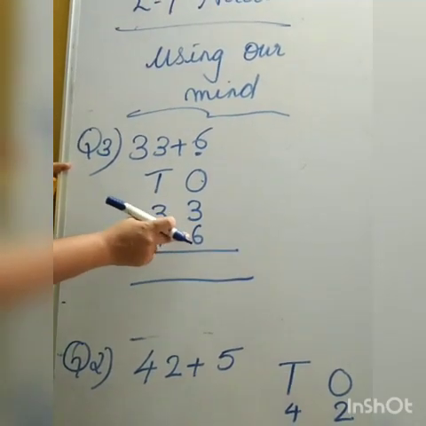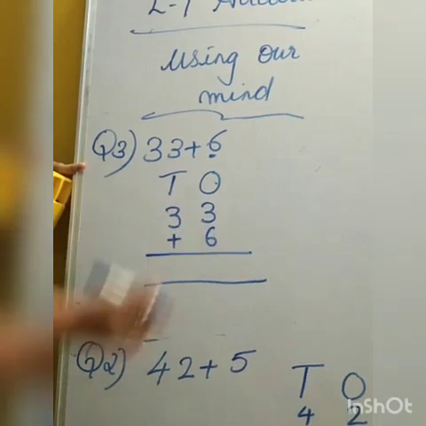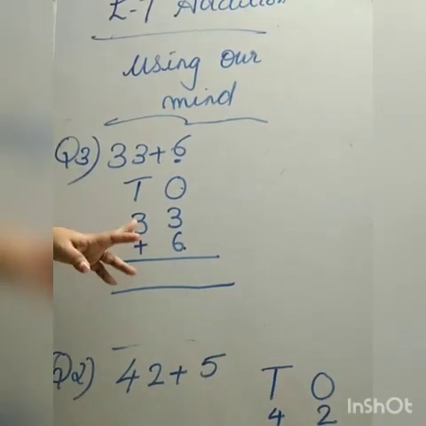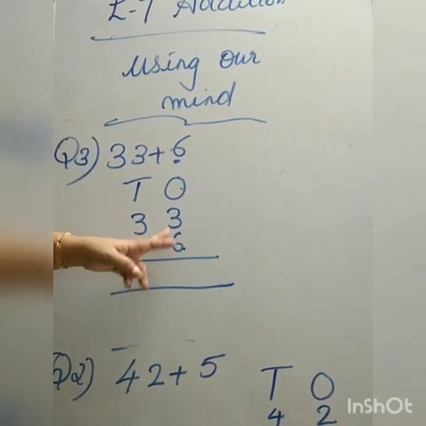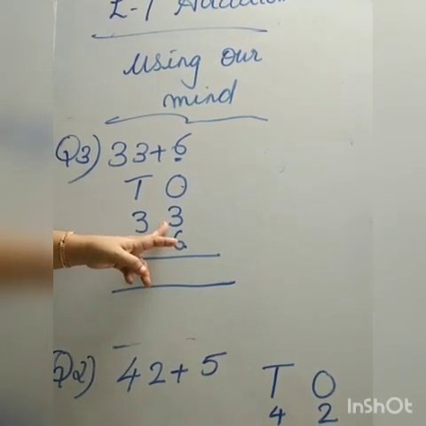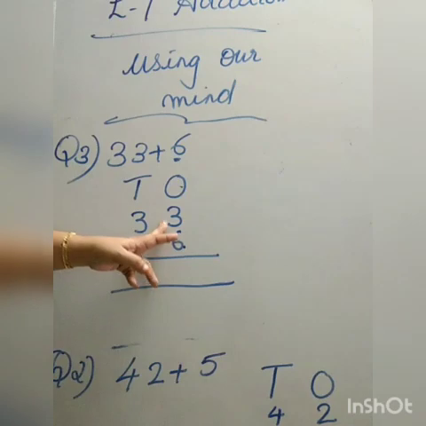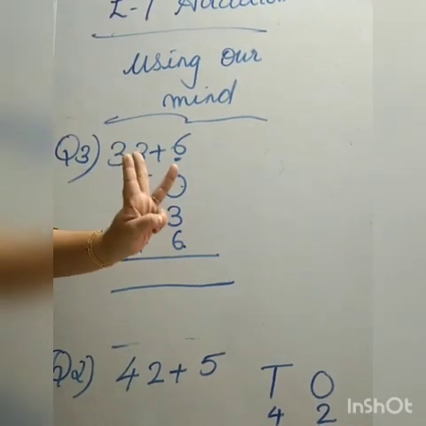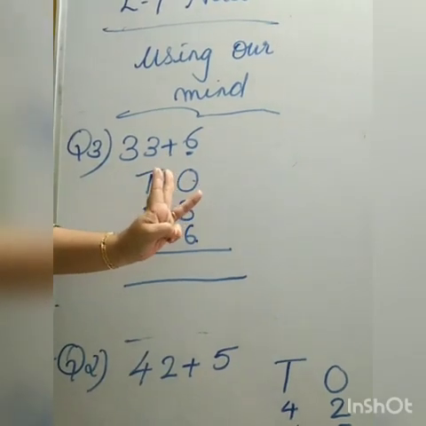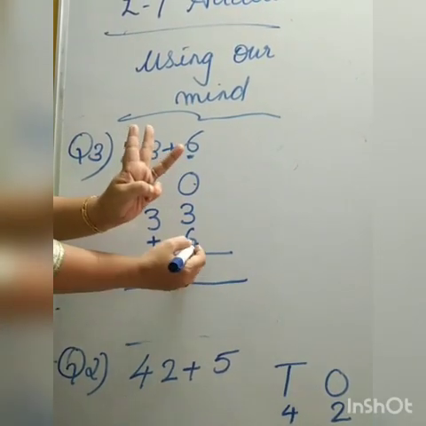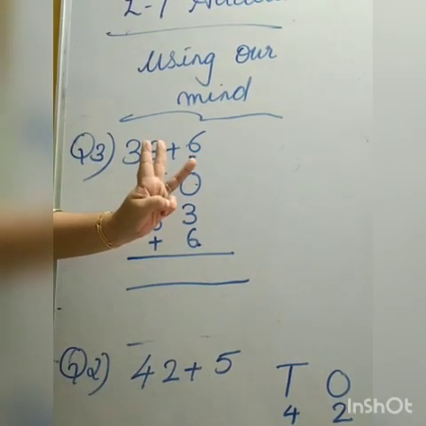3 plus 6. Which is the biggest number? 6 is the biggest number. Keep it in your mind and take out the next number in your finger. Which is the next number? 3. Take 3 in your fingers. Then which number did we keep in mind? 6.